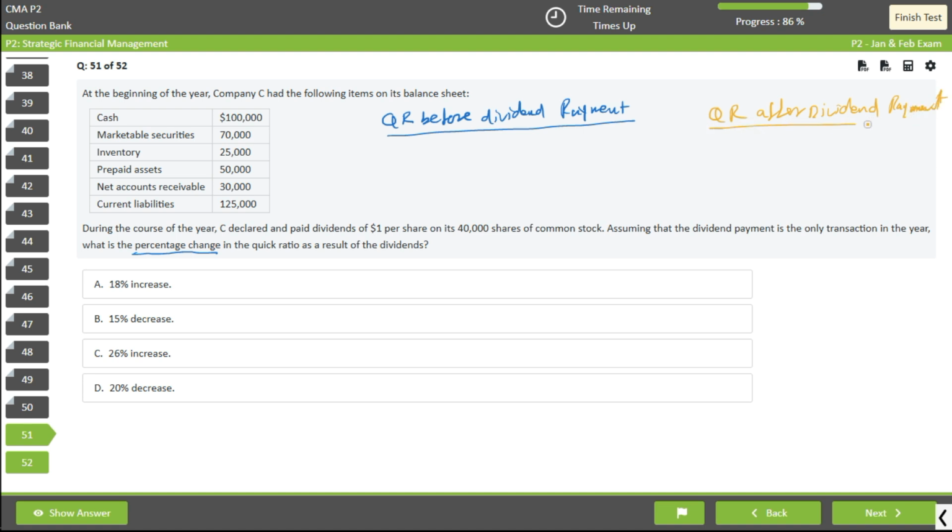So let us mark the quick assets first. Cash is your quick asset, marketable securities is your quick asset, inventory no, prepaid expense no, net accounts receivable is your quick asset.